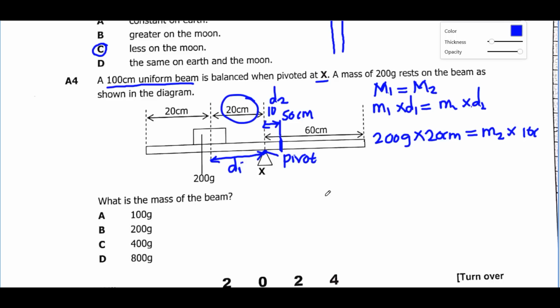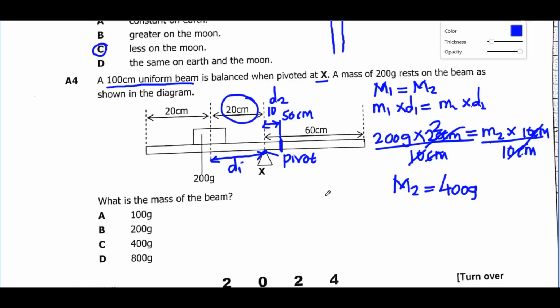Distance 2 is 10 centimeters. So I'm going to divide by 10, so that if we cancel, mass 2 is equal to, we can cancel the centimeter. 10 into 10 is 1, 10 into 20 is 2. So 2 times 200 will give us 400 grams. So the answer is C.